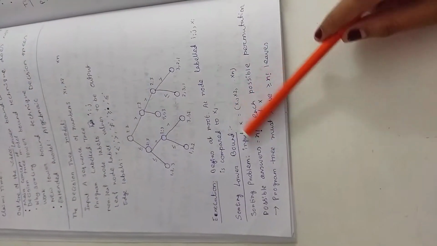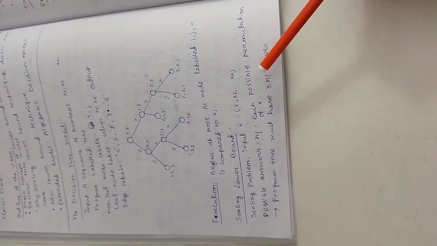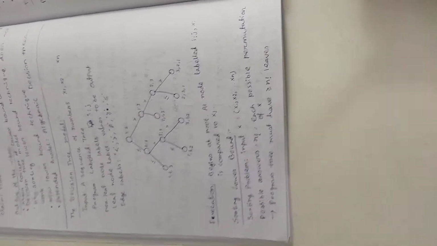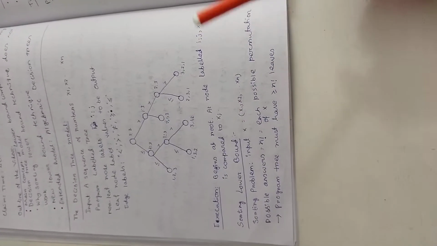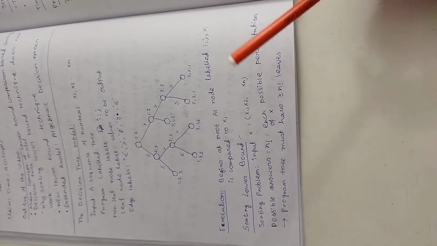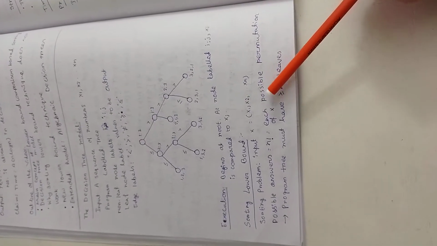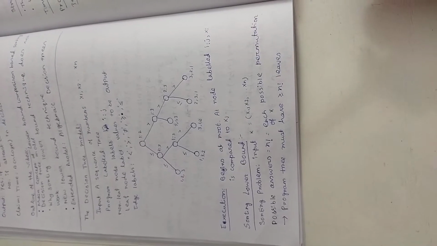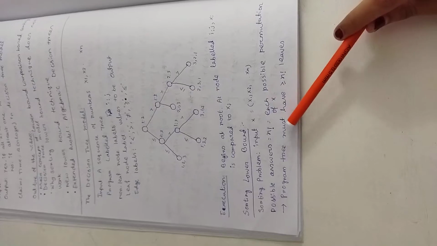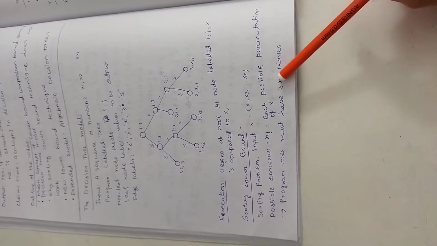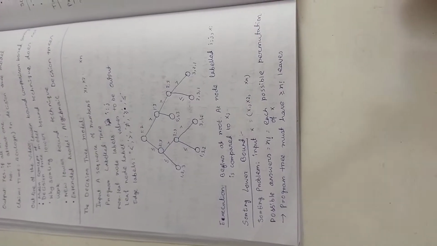From this we can say the program tree must have at least n factorial leaves, because in the program tree there will be some leaves where the values of xi and xj are equal. So to cover all the distinct elements, the program tree must have at least n factorial leaves.